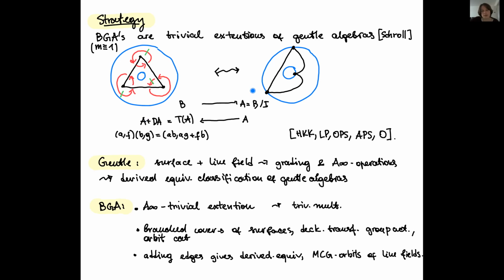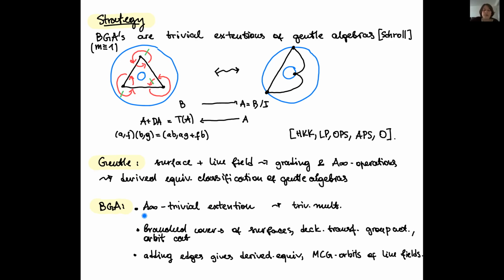Then we can drag this line field along a cut to produce a Gentle algebra, and then we can take an A-infinity trivial extension of the corresponding non-classical Gentle algebras. This produces a larger class, which contains the class of Brauer graph algebras with trivial multiplicities.